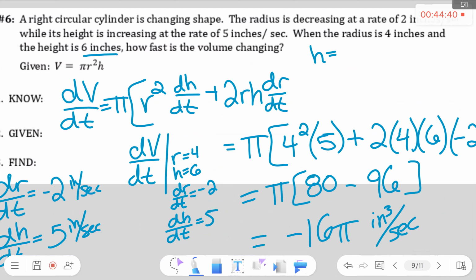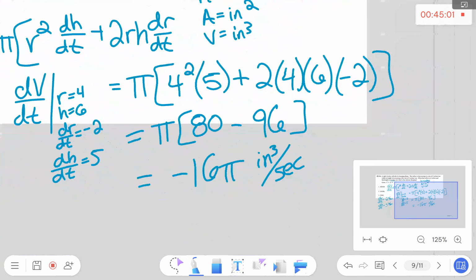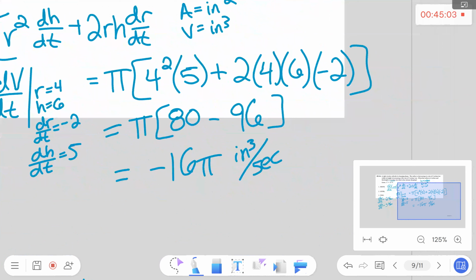So height is in inches. Area is inches squared. Volume would be inches cubed. That's one way to pull that out. However, another way to pull it out, because people love to do the stoichiometry dimensional analysis method, let me redo my numbers here, but include the units as well.